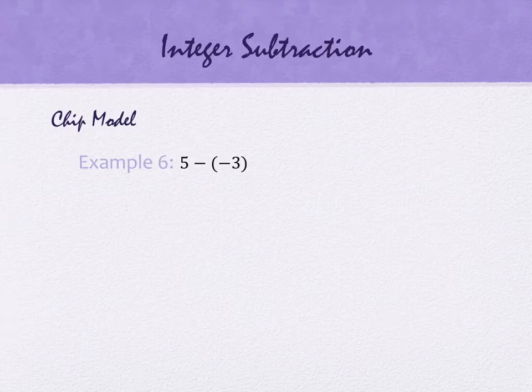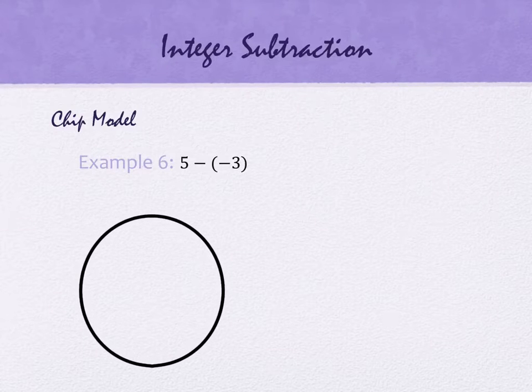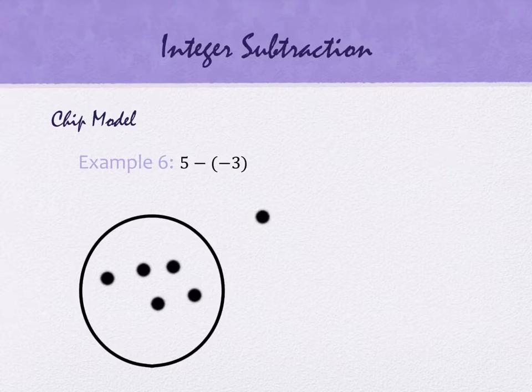So what we're going to do is like last time, we're going to draw a circle, and we're going to put 5 chips in the circle. 5 positive chips. Make it a little bit thicker. Okay, so far I have represented my black as positive, and in a minute here I'm going to do red as negative.